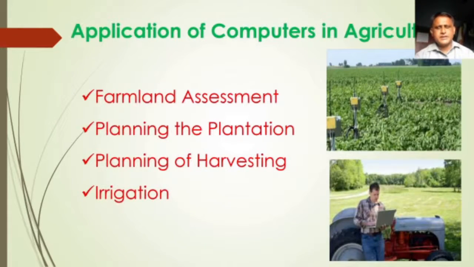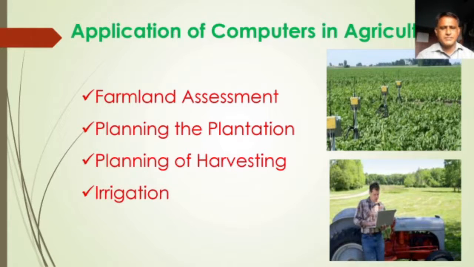Application of computers in agriculture. In agriculture, the computers can be used for farmland assessment, that is, to test the soil and check if any deficiency is there in the soil or not. The computers can be adapted, and also used to plan the plantation.